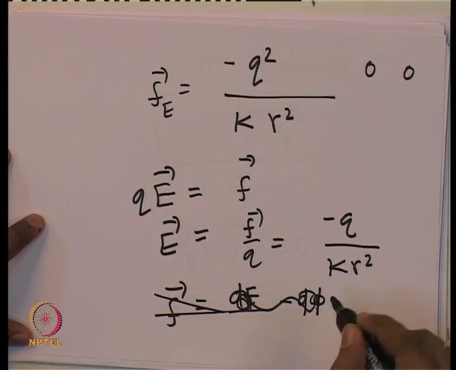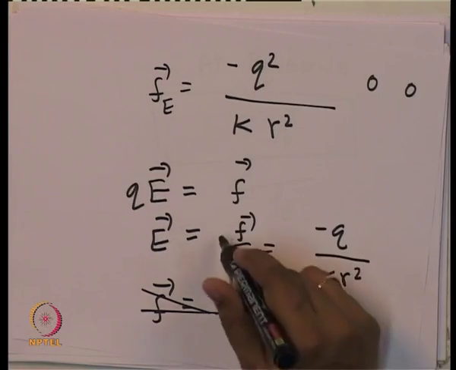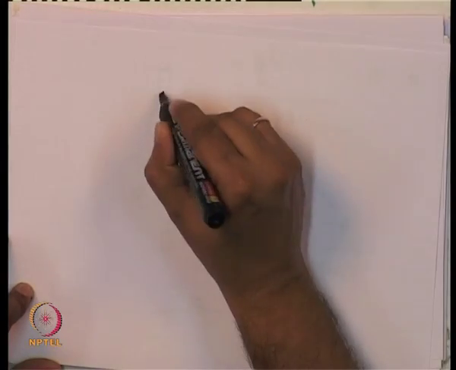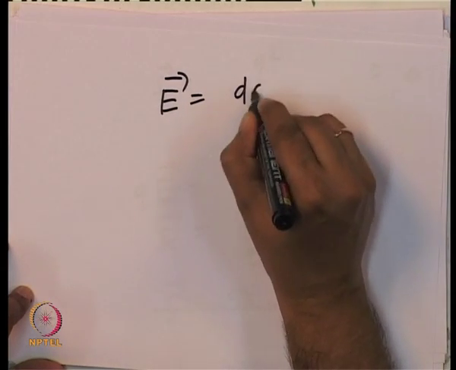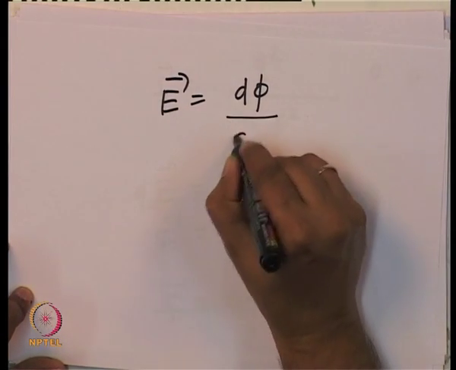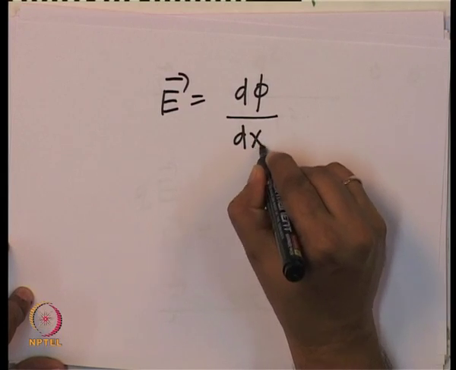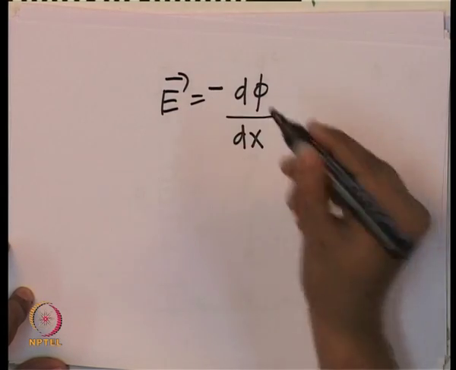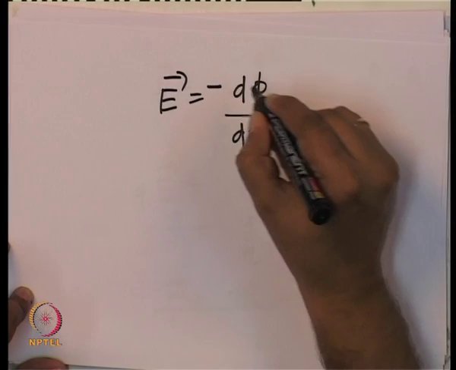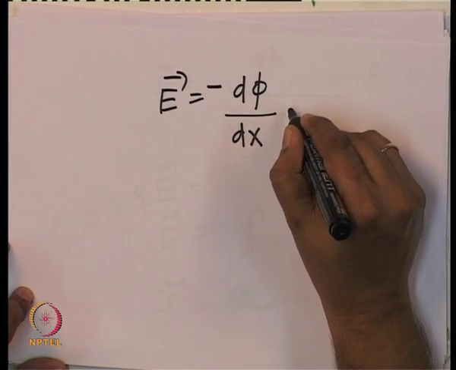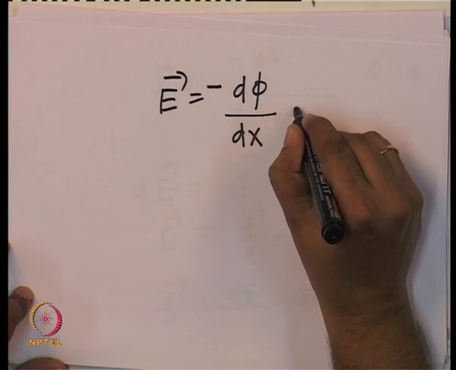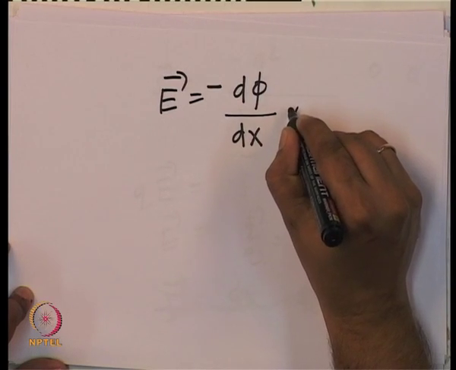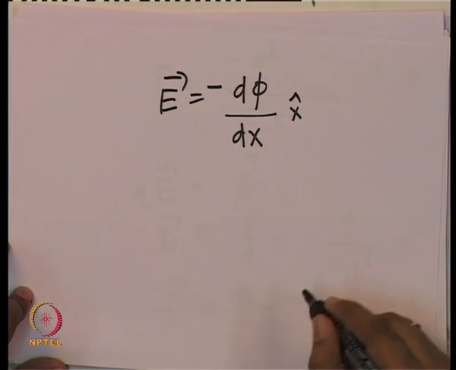So, if you use that idea that force is the derivative of energy, what you will end up with is that the electric field is the derivative of the electrostatic potential with a minus sign. But there has to be some direction associated with this, so there has to be some unit vector in some particular direction.